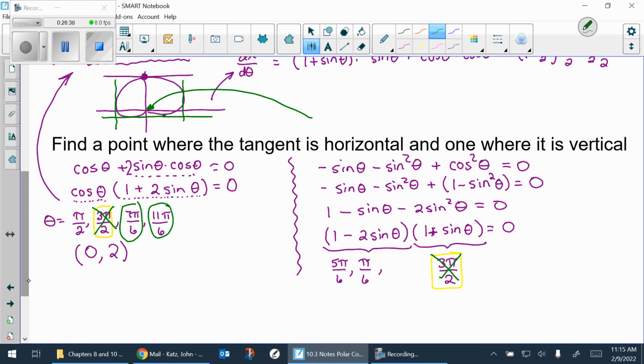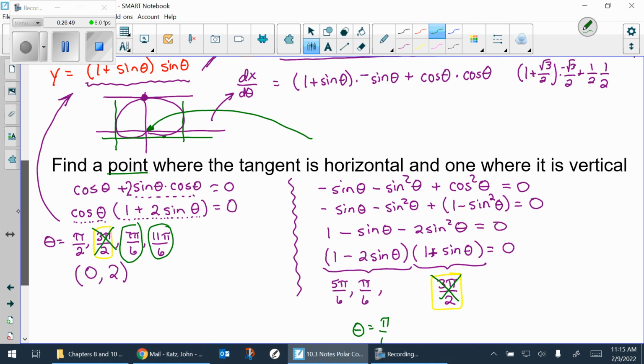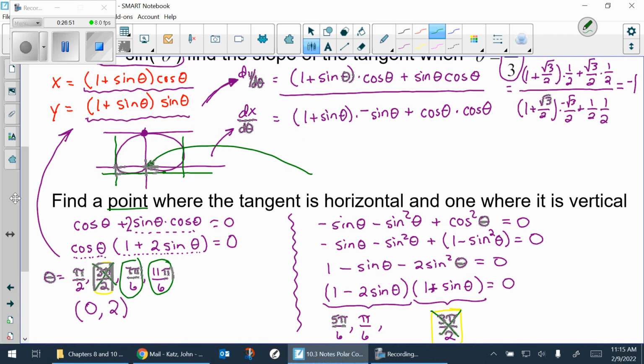Remember, our task here, though, is we've got to find a point where we've got a vertical tangent. So if I say that theta is equal to pi over 6, I'm going to take theta as pi over 6, and I'm going to put that in again right up here and find out what's the point at pi over 6.